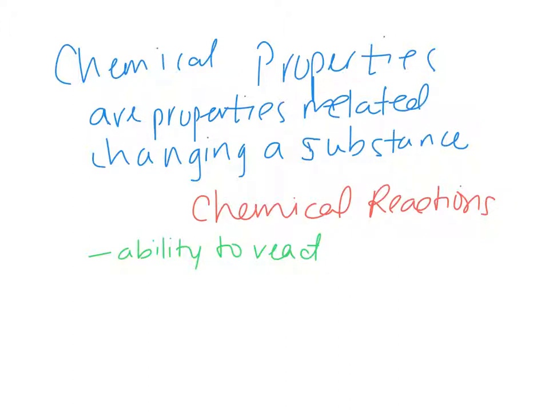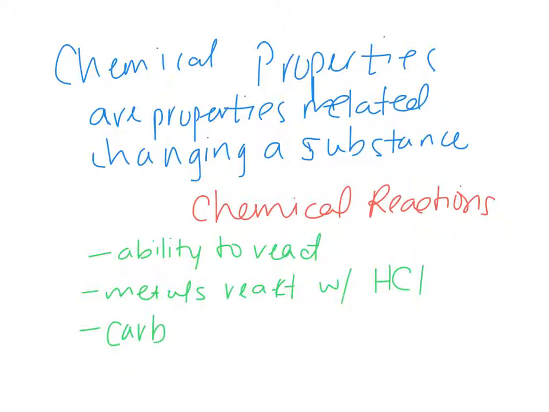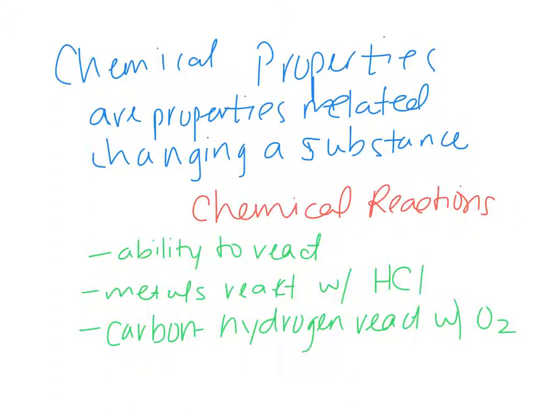Or it might be more specific, like metals react with hydrochloric acid, or carbon hydrogen compounds react with oxygen when you burn them. So these are all going to somehow be related to a chemical reaction.